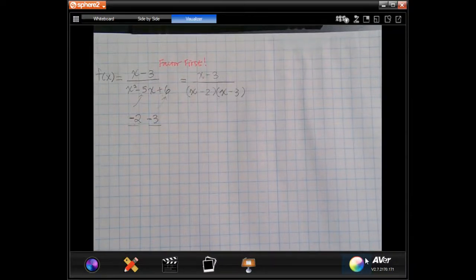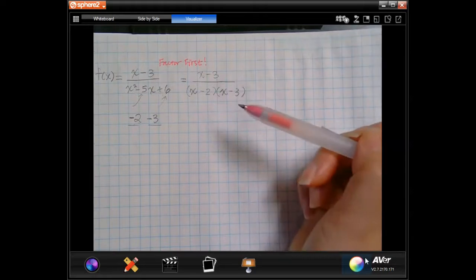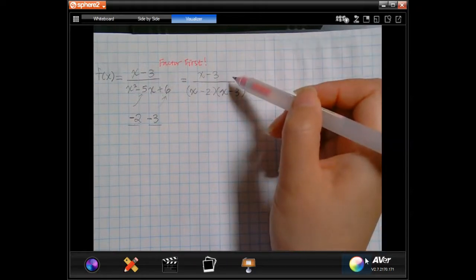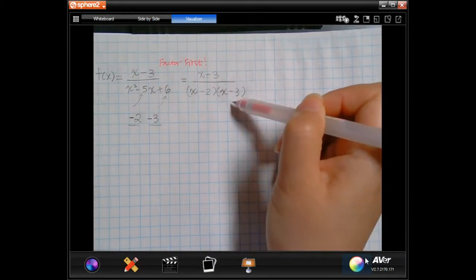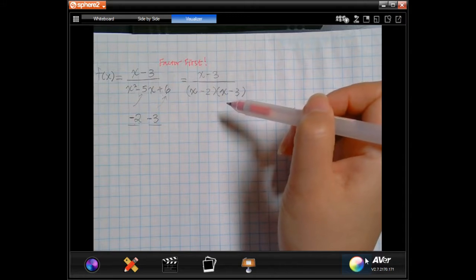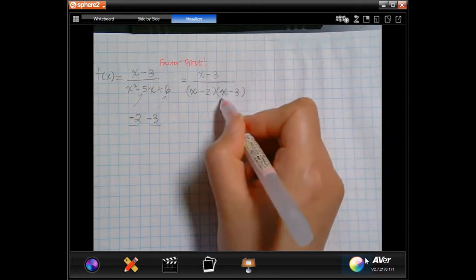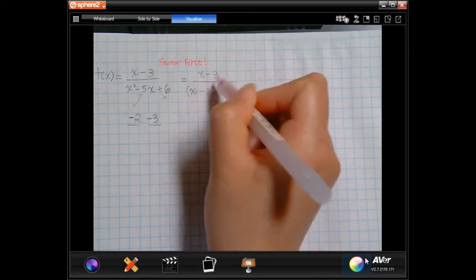Then once you factor it, in the second step, recognize any common factor from top and bottom so that you can cancel them. Here I happen to have the factor x minus 3 on the bottom and top.